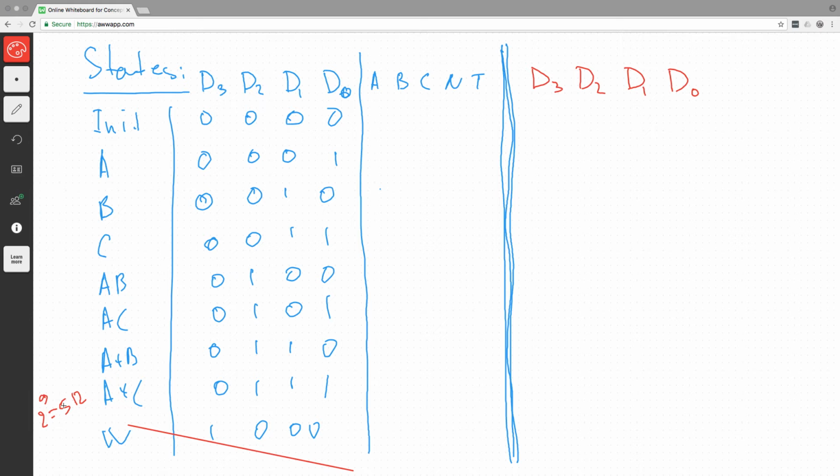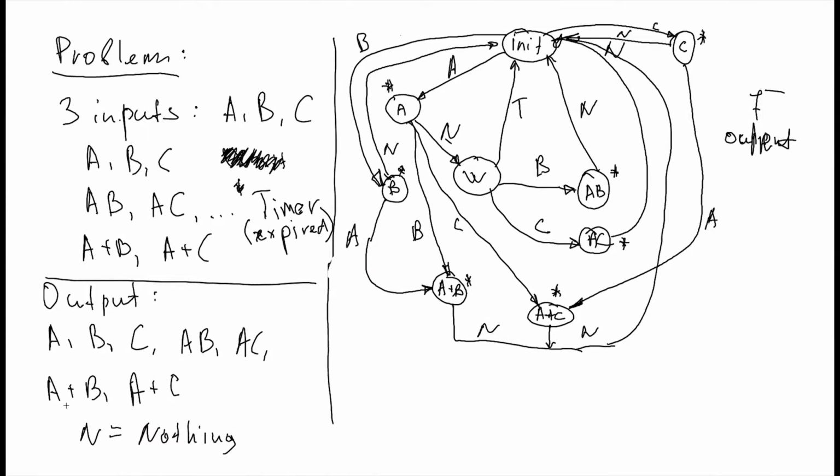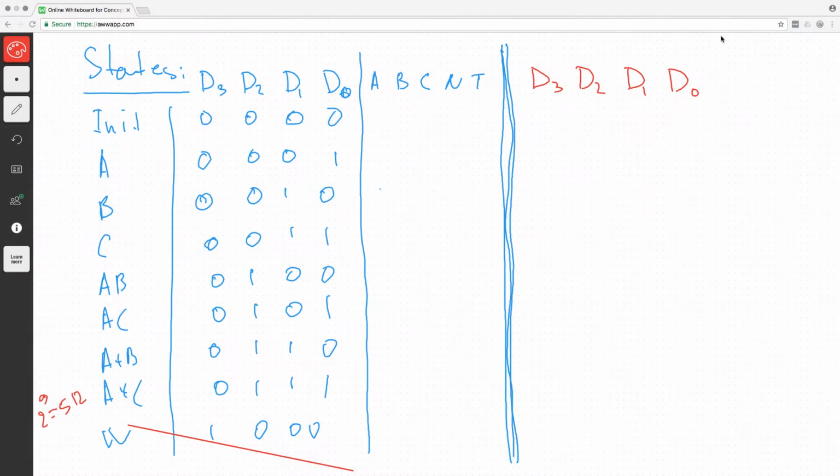Let us say we know that based on our diagram, from the initialization state, we can go only to 3 possible states: state A, state B, or state C. In other words, there are only 3 outcomes of the initialization state.